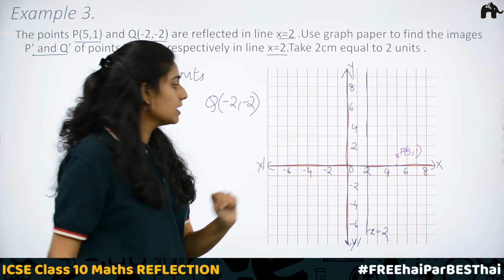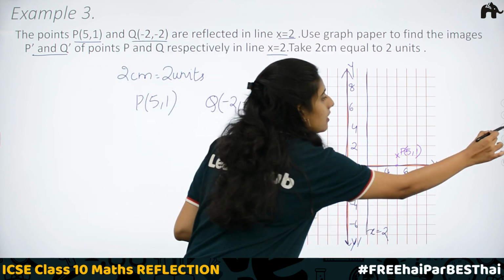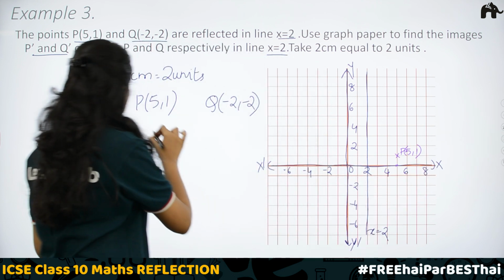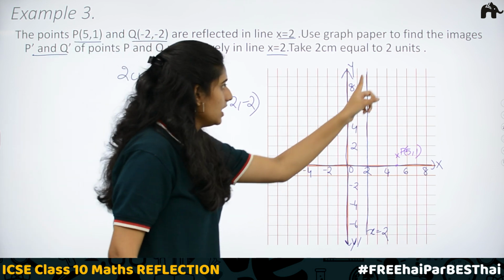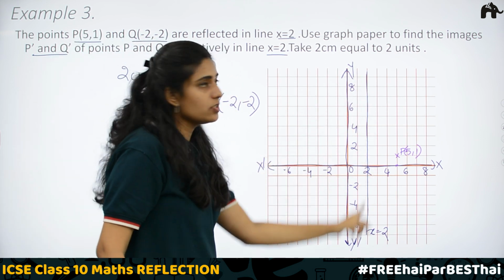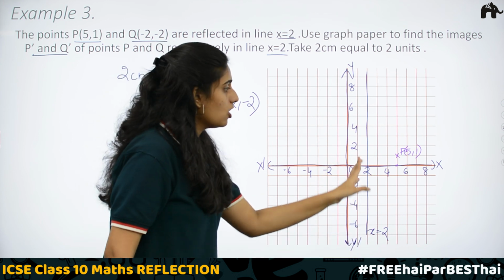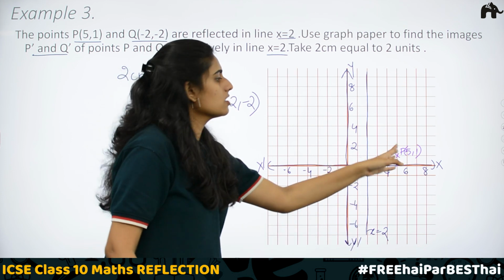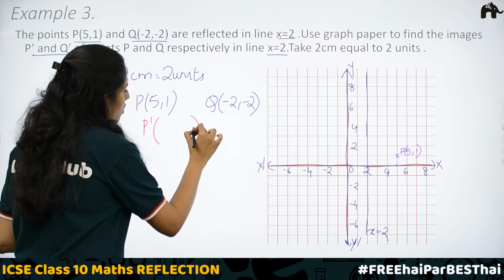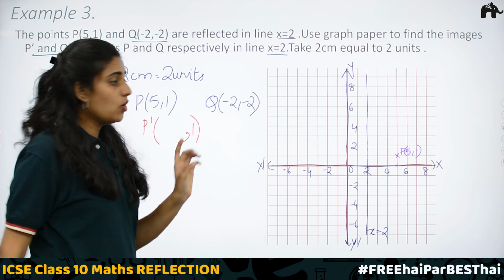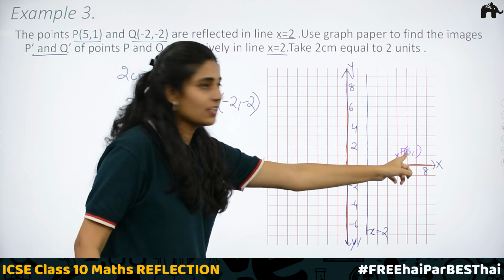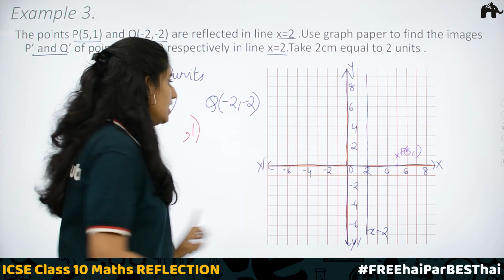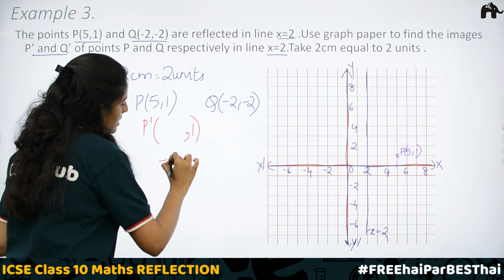Where do we get the image? Image P dash. How to find P dash? Now this is a line parallel to the y-axis, which means the y-coordinate will remain the same, only the x-coordinate will change. Therefore, y-coordinate will be 1. What about x-coordinate? How to find x-coordinate? Take this point. Here we have x-coordinate 5. Opposite sign, we get minus 5.